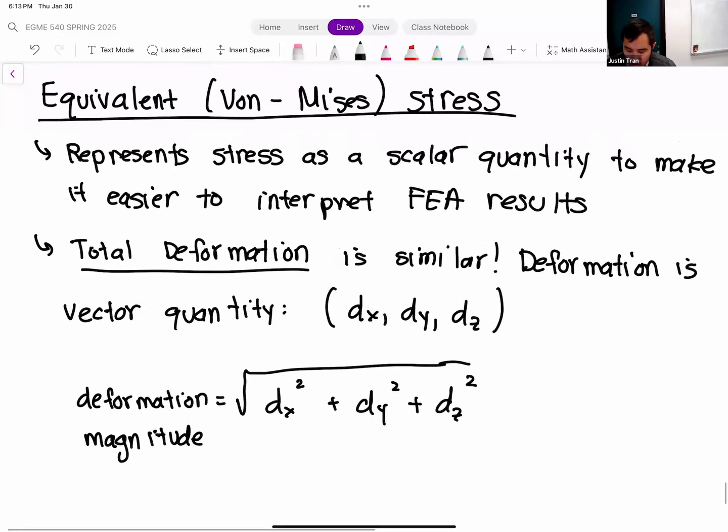Okay. That concept of taking a vector and finding its magnitude is, I think, at least easy to visualize. For stress, it's not that easy, because stress is not a vector quantity, it is a tensor quantity.